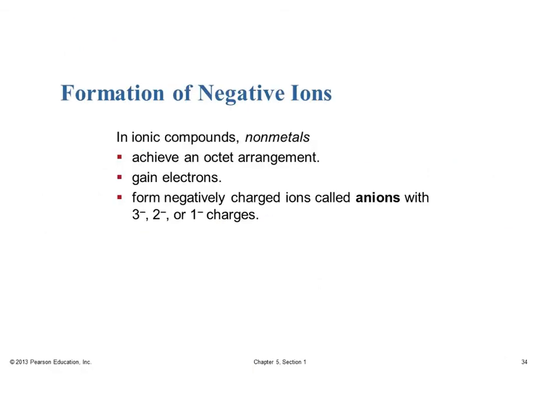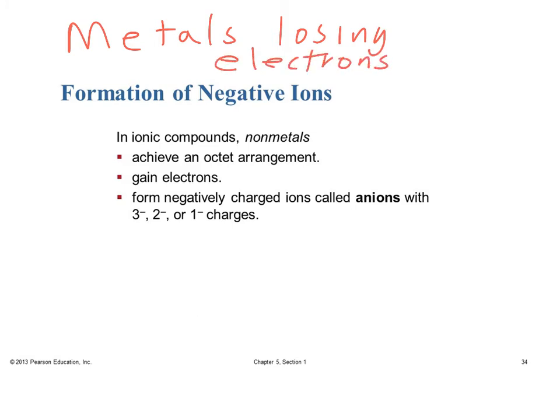All right, let's take a look at the formation of negative ions. In ionic compounds, nonmetals achieve an octet arrangement by gaining electrons. So what we saw in the previous parts of this lecture is we saw metals losing electrons to form positive ions, which we call cations.